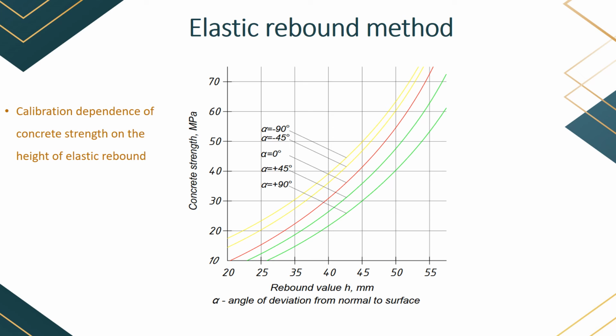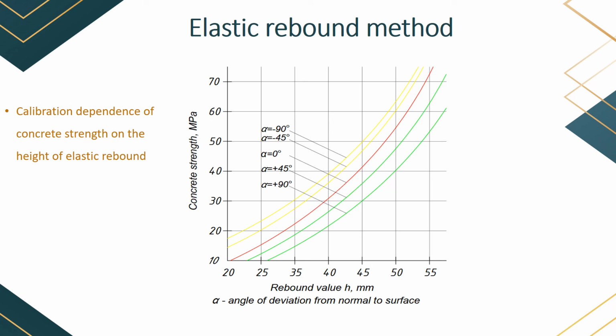Having an idea of the magnitude of the force on impact, the hardness of the striker material and the overall dimensions of the imprint obtained on the plane of a structure, a relationship is built. It implies the following principle of strength determination. If the striker leaves a deeper and larger mark on the surface from the impact, the less dense the material is. Based on this principle, the strength characteristics of concrete are calculated.